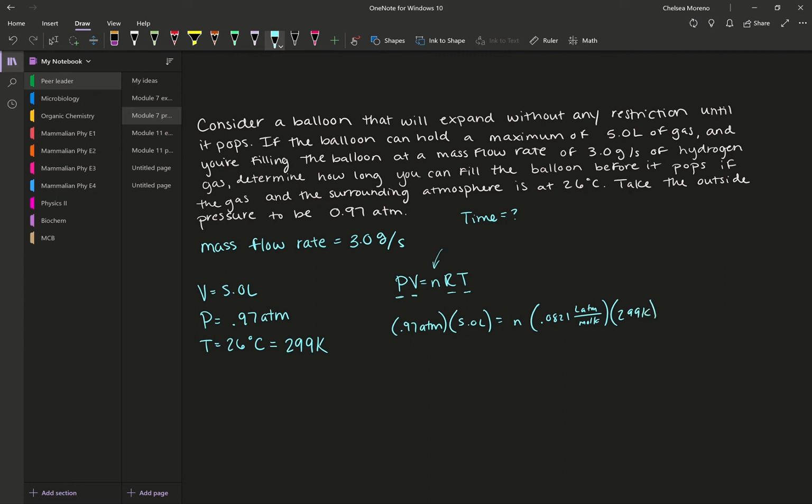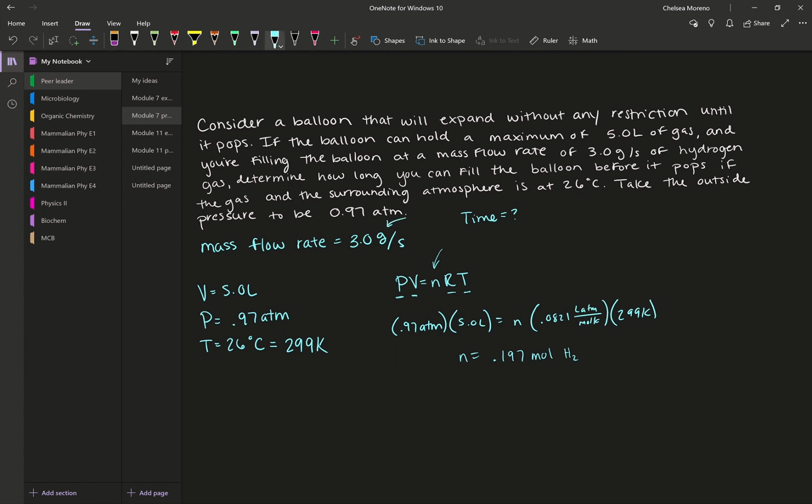Once I do this, I find that we have 0.197 moles of hydrogen gas, right? After this, it's a little confusing as to where we have to go, but what I want you to take away is that we have grams here.